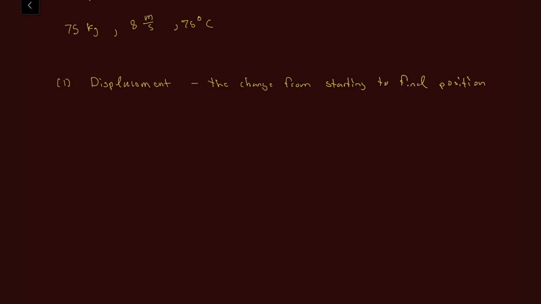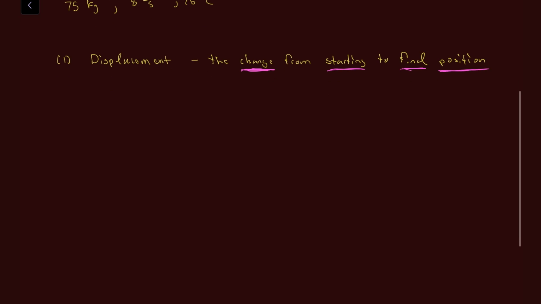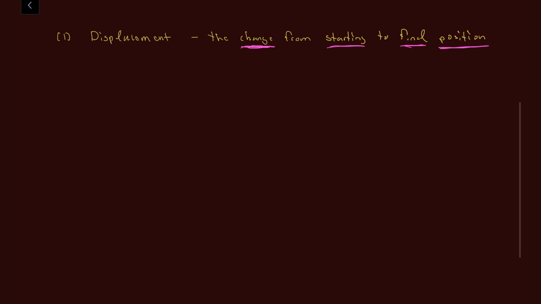I want you to pay really close attention to this definition, specifically three parts. It's talking about a change, okay? Keep that in your head. And it's only talking about the starting to the final position. Remember that. We're going to cover that later, but it's really important.